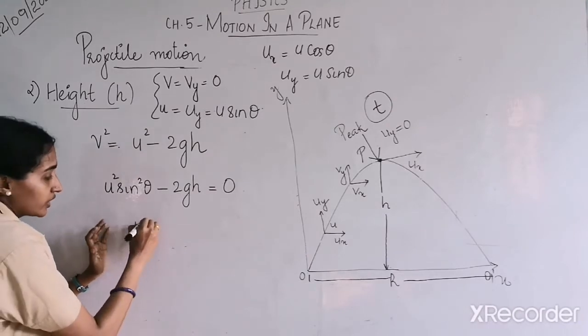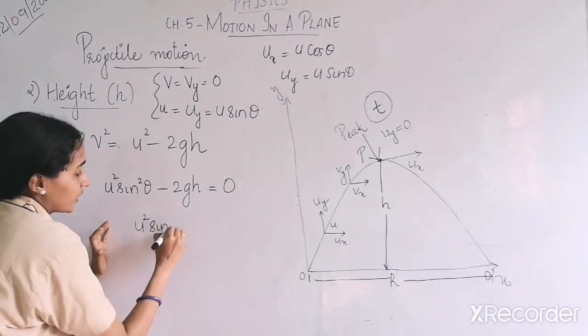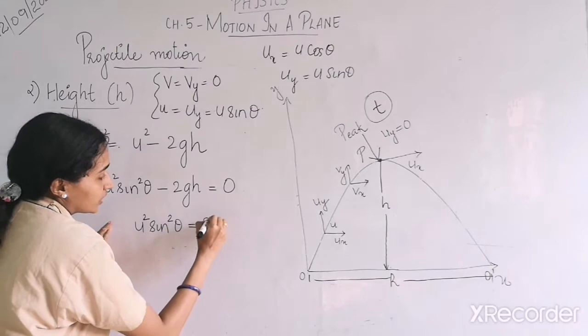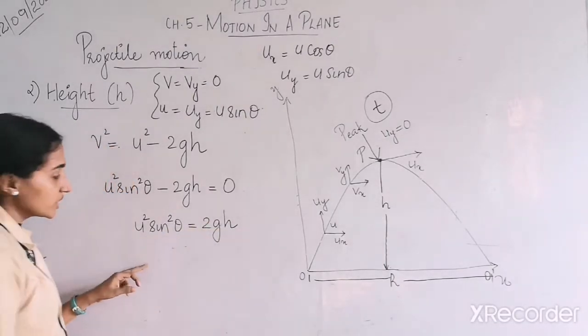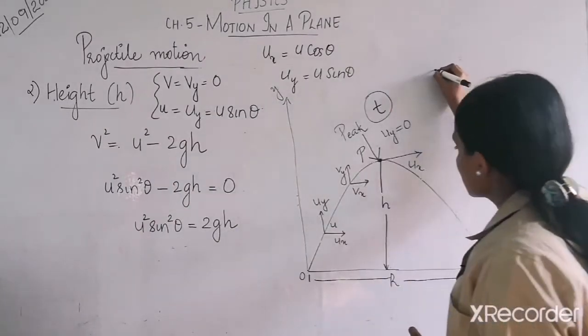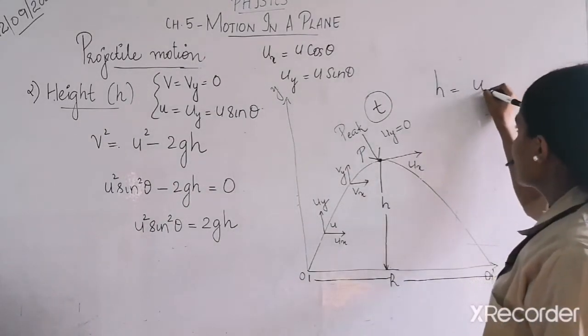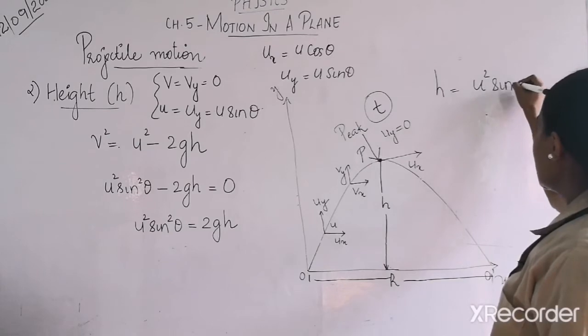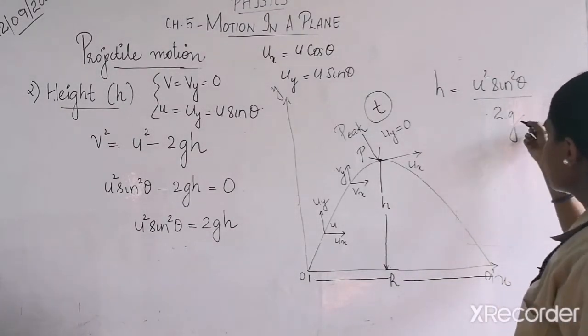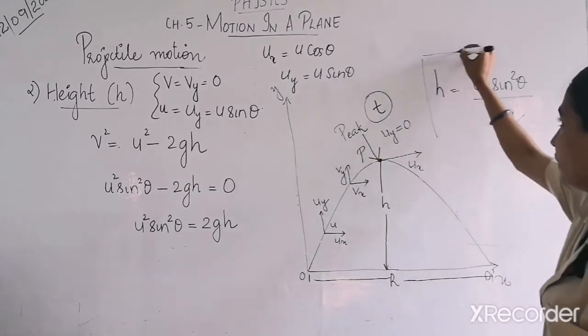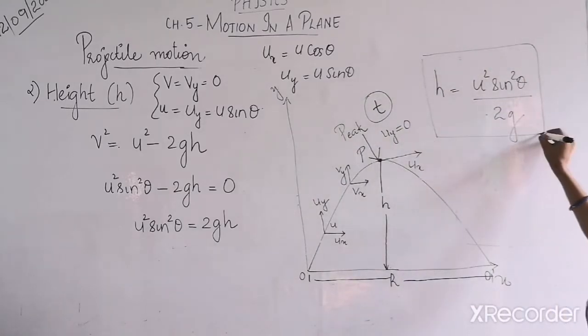So u square sin square theta will be equal to 2gh, or from this you can write h is equal to u square sin square theta upon 2g. So this is the equation for the height of a projectile.